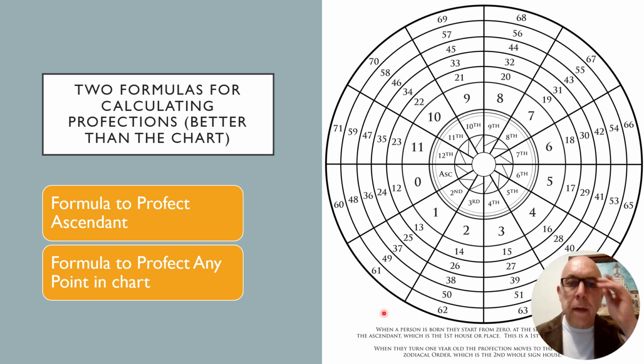And that's okay until the day they forget their chart, or when they have someone who is older than 71 years old before them. And it also doesn't do you much good if you're trying to perfect points other than the ascendant. So after this video, you'll be able to throw this chart away, because you should be able to do most calculations of the perfection in your head, and if not in your head, then on a scrap piece of paper.